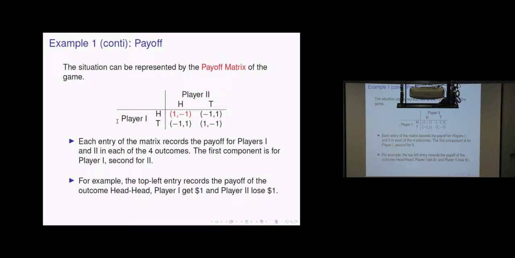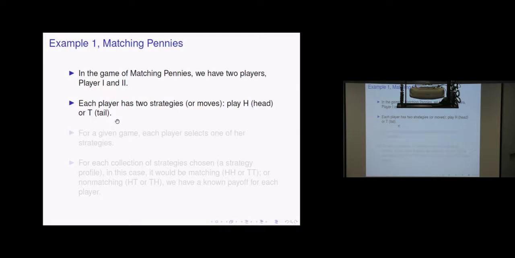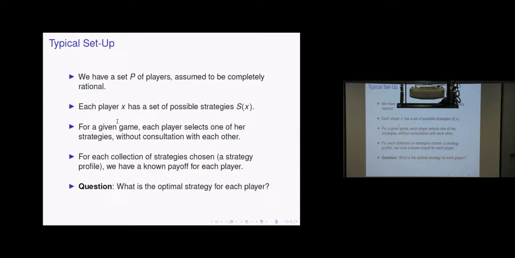Okay, so I guess this example shows these ingredients. We have two players, and assume they are rational, and they can make two moves. For each collection of their moves, you know how much they get or how much they lose.